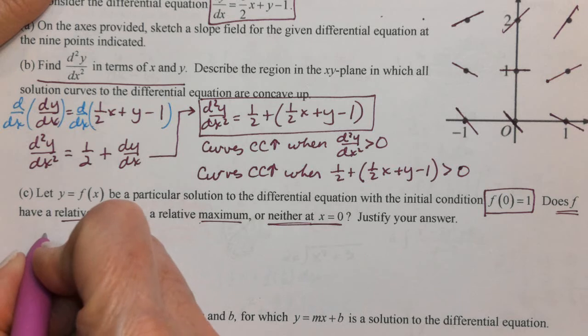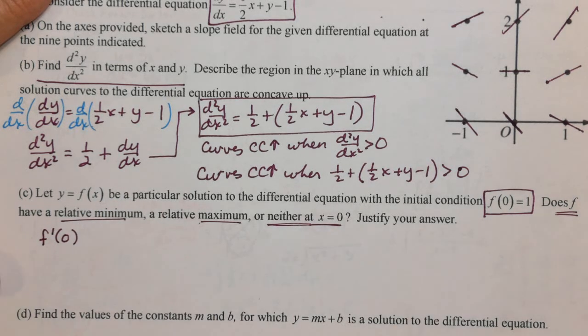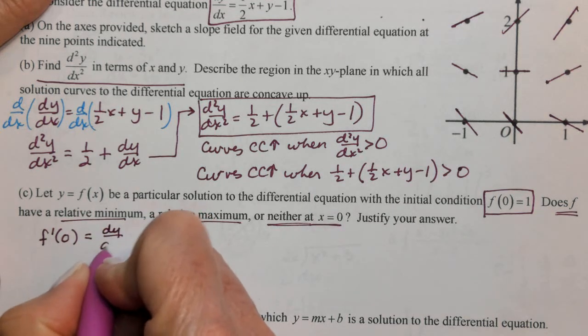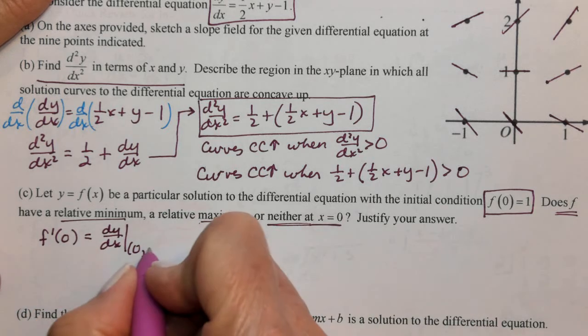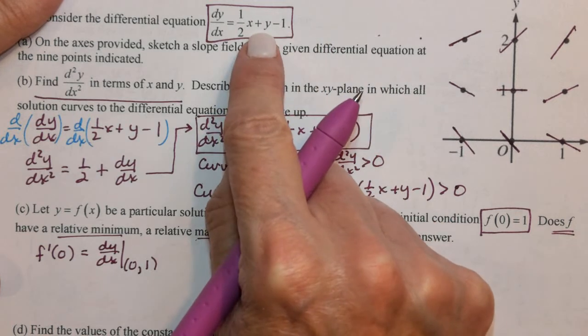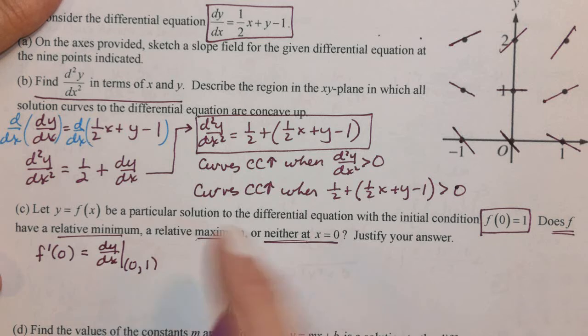We find the first derivative when x is 0, right? Well, that is dy dx when x is 0. And when x is 0, y is 1. Why do I need that? Because our dy dx has a y in it also. So I'm going to be putting 0 in for x and 1 in for y.